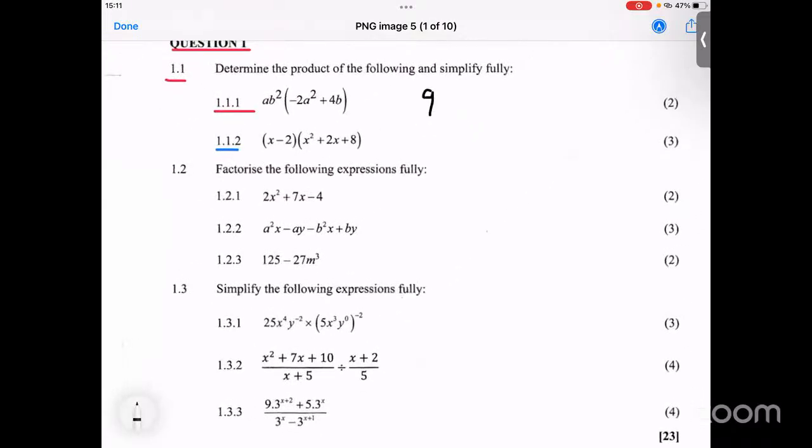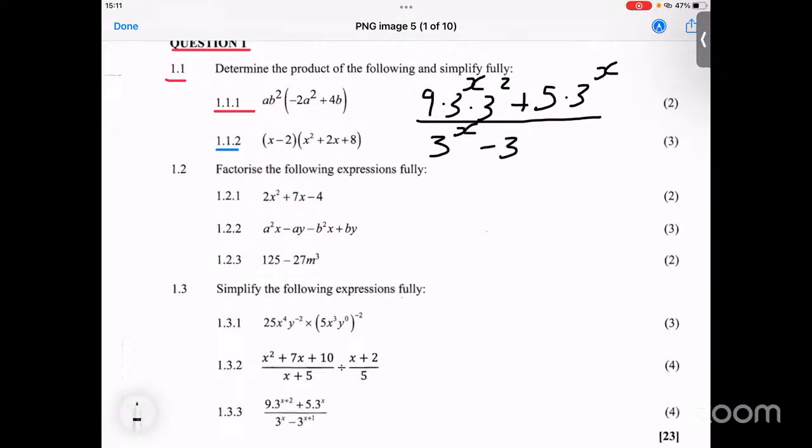So let's see, you are having 9, and then that 3 to the x, you break it to becoming that. And then you've got 5 times 3 to the x, that you divide by 3 to the x, where you minus 3 to the x, and then you've got 3 to the 1.